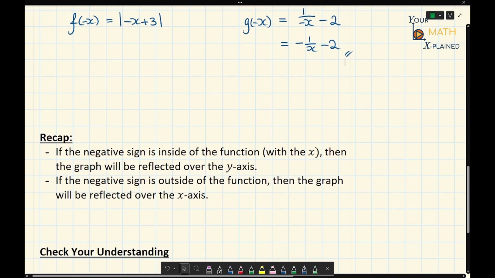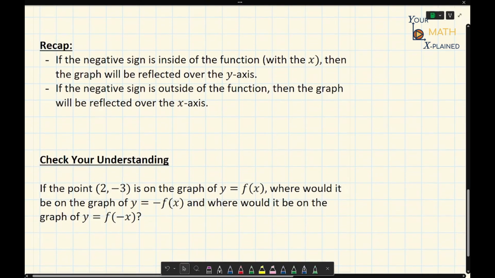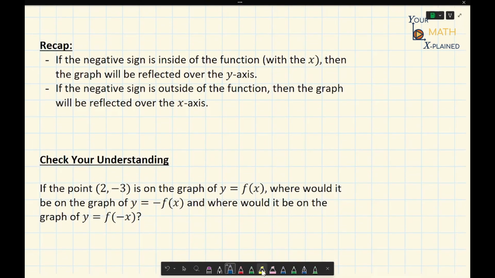Okay, so let's go ahead and do a recap. So again, if the negative sign is inside the function, so meaning the negative sign is with the x, then what's going to happen is the graph will be reflected over the y-axis.